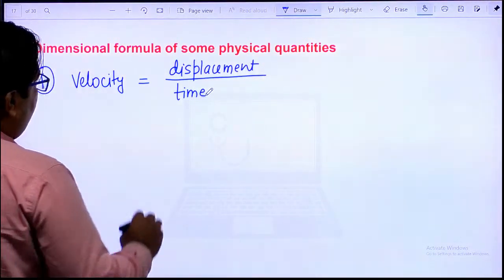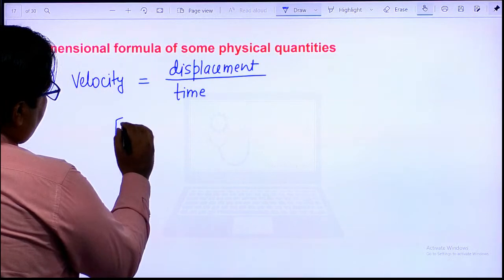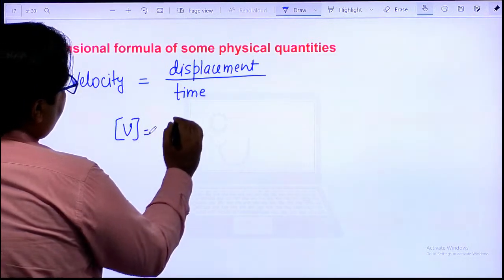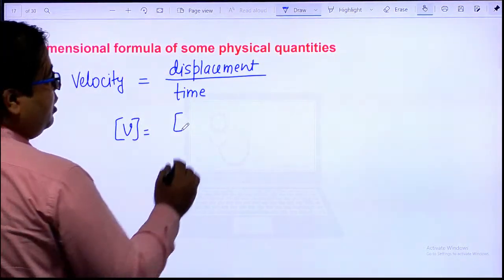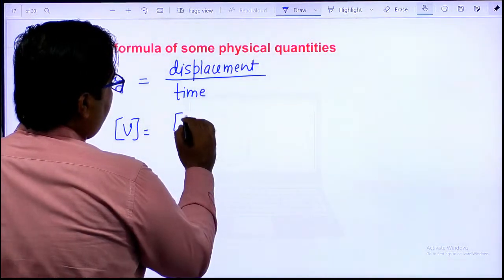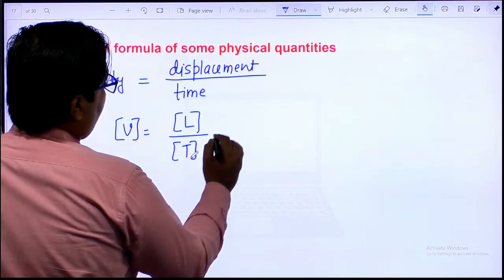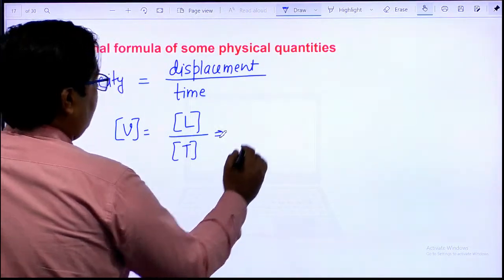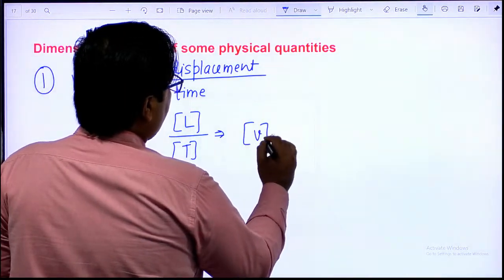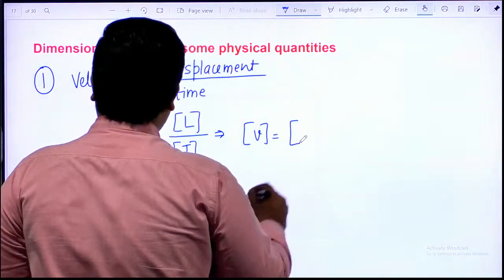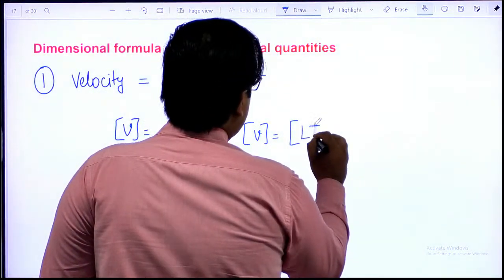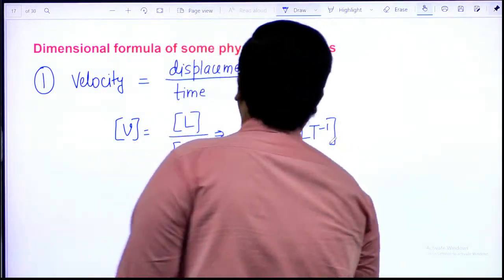So the dimension of velocity is the dimension of displacement, which is length, divided by time, T. So we can write the dimension of velocity as L T to the power minus 1.